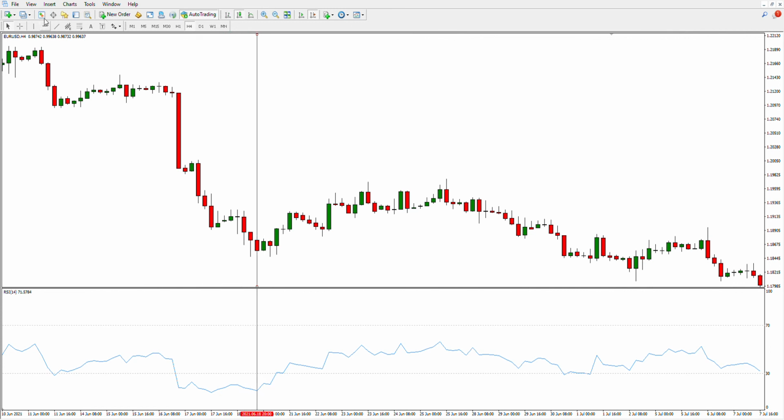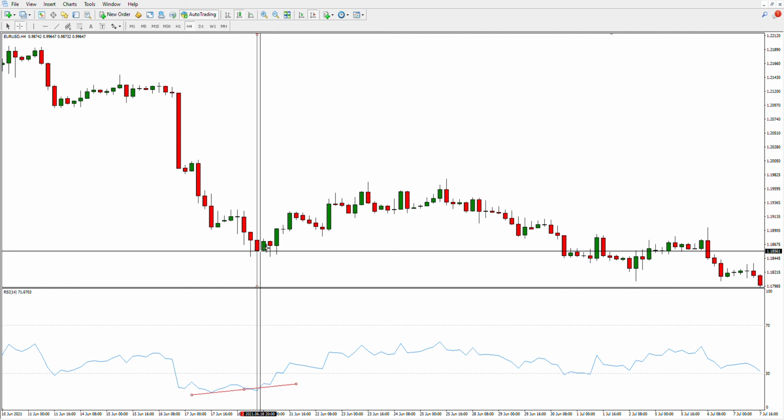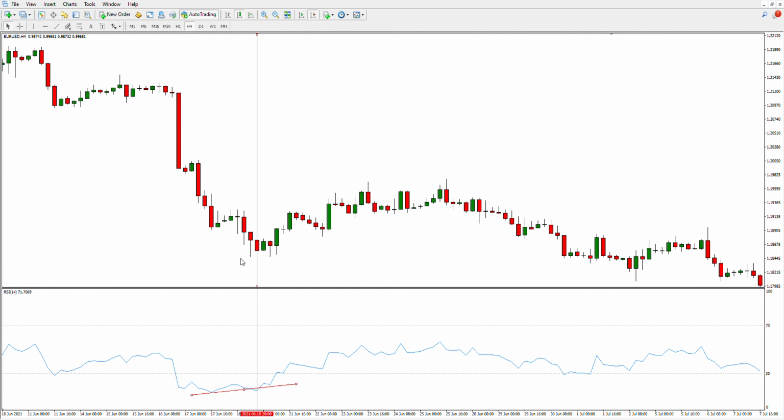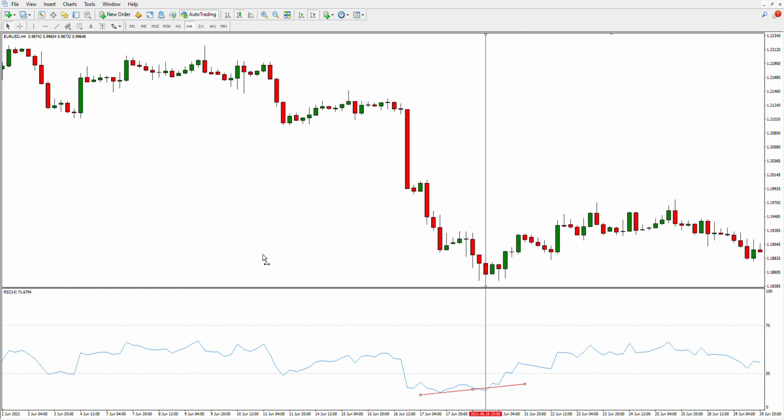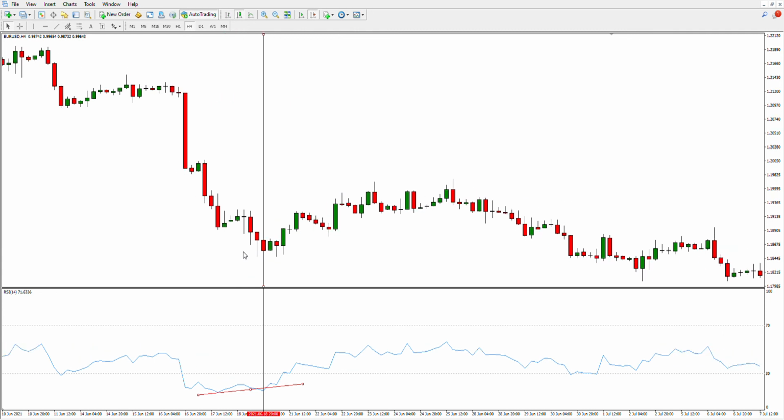If we've got a bit of divergence on the RSI there, oversold, that probably would have been a solid entry for a nice 100 pips with a relatively tight stop loss. So yeah, that's the basic way to use the RSI indicator.